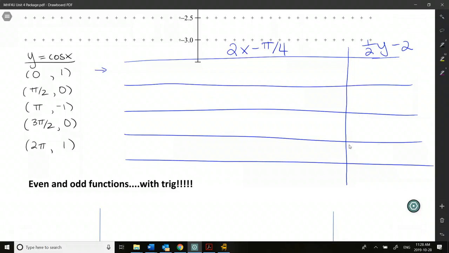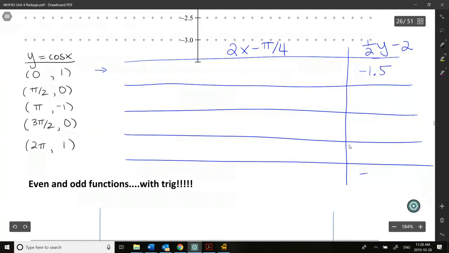All right, we'll do the y values really quickly here because they're a little bit simpler calculations. So 1 times a half minus 2, that gives us negative 1.5. I'm going to put that in for both of the y coordinates that are 1. And then 0 times a half minus 2, that just gives us negative 2 for both of the zeros here.